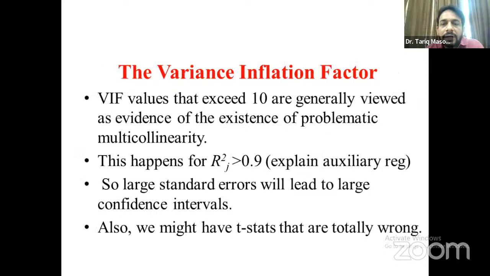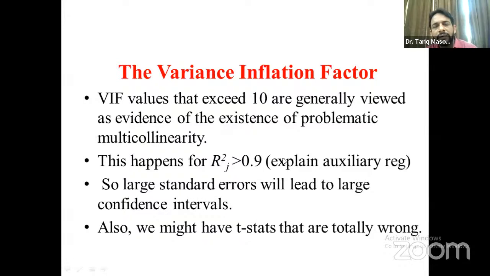The rule is, if the value of the variance inflation factor is more than 10, most software report this value VIF automatically, or you can choose options for getting VIF values easily. If the VIF is more than 10, R square is more than 90%. This is the connection between VIF and R square, because VIF is nothing but 1 upon 1 minus R square.